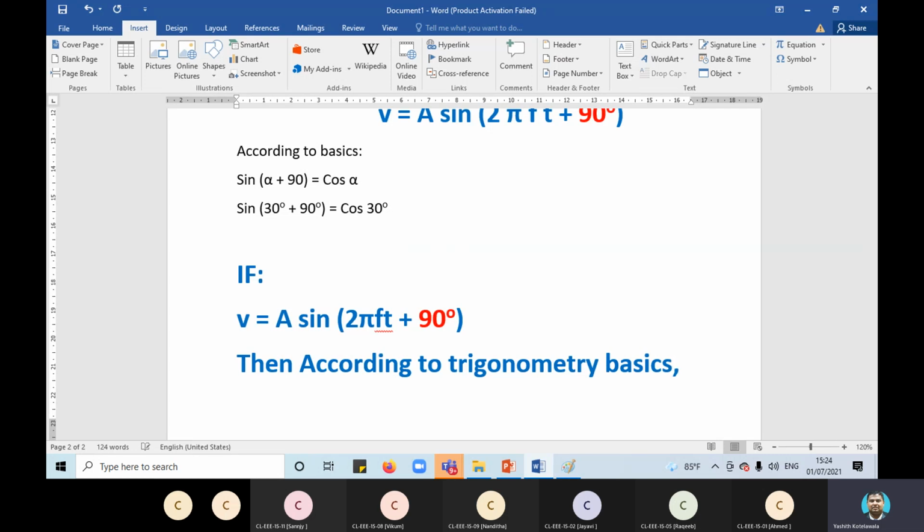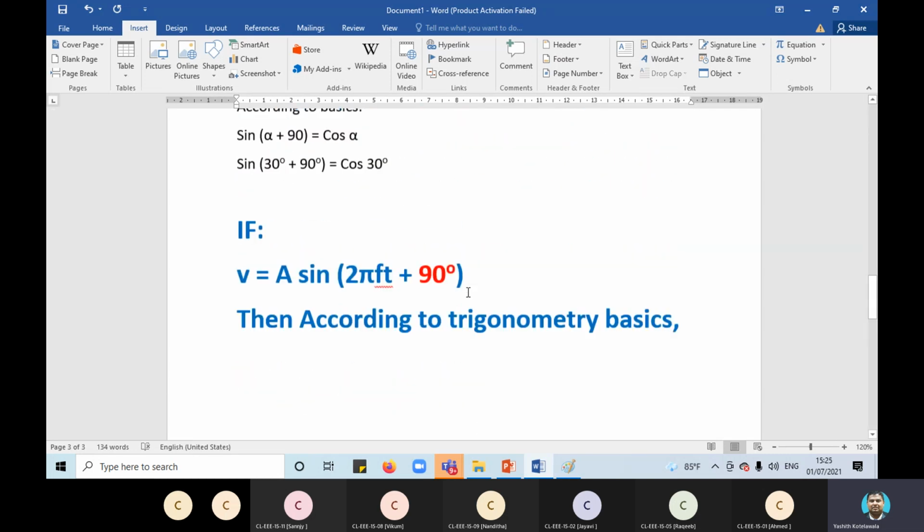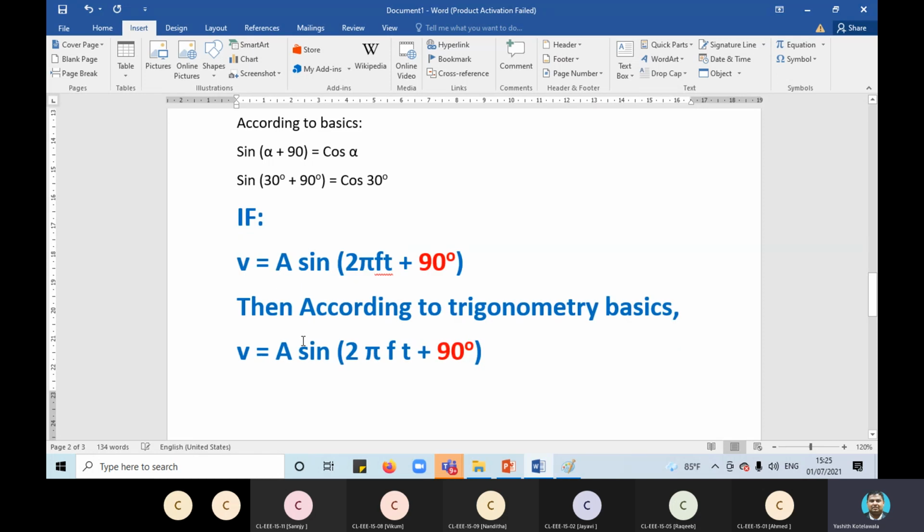According to trigonometry basics, you can write V is equal to A, this time cos, just 2 phi ft. You can write cos 2 phi ft.